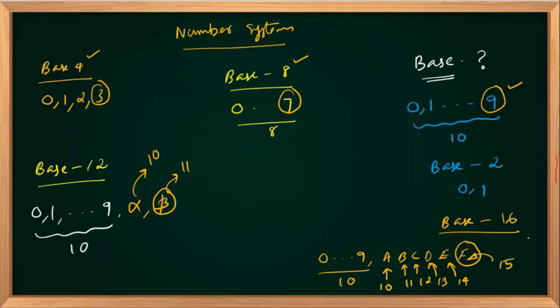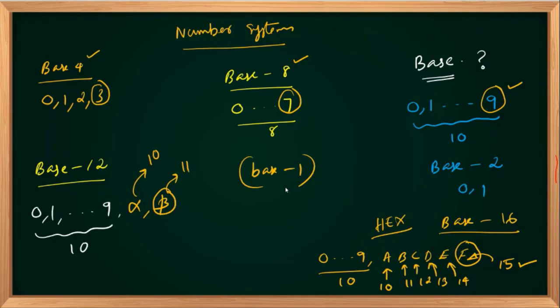In the case of hexadecimal, base 16, the decimal equivalent of the highest symbol is base minus 1, 16 minus 1 is 15. So the decimal equivalent of the highest symbol used in any base is nothing but base minus 1, or the decimal equivalent of the symbol that gives us the maximum value is base minus 1.